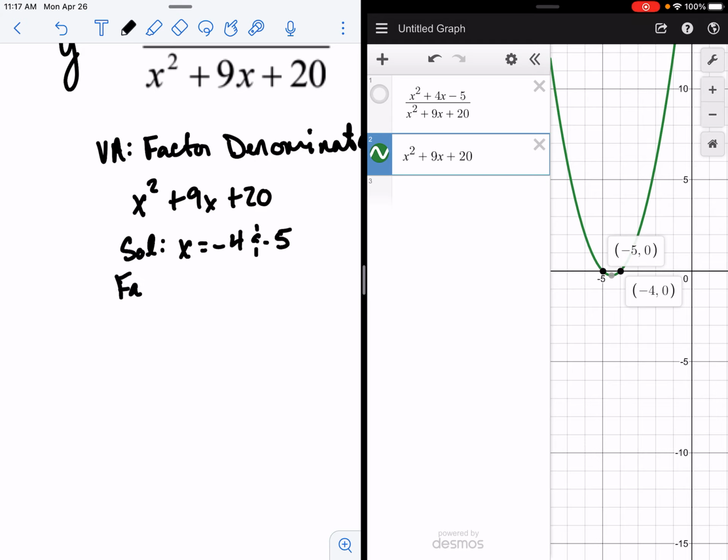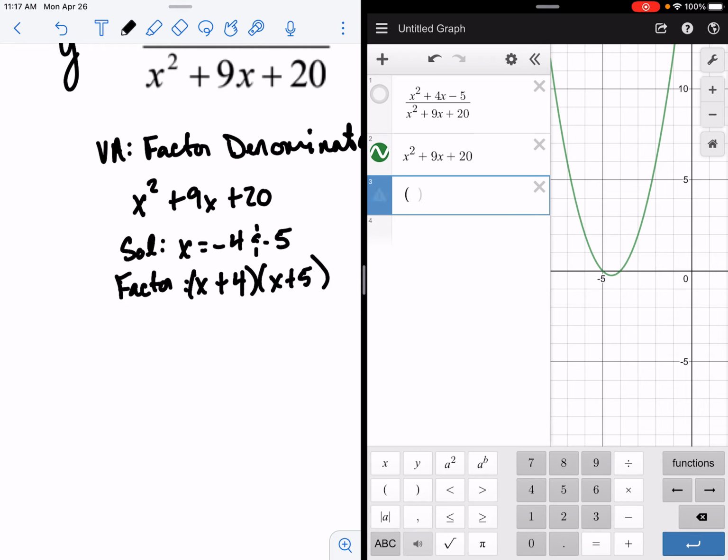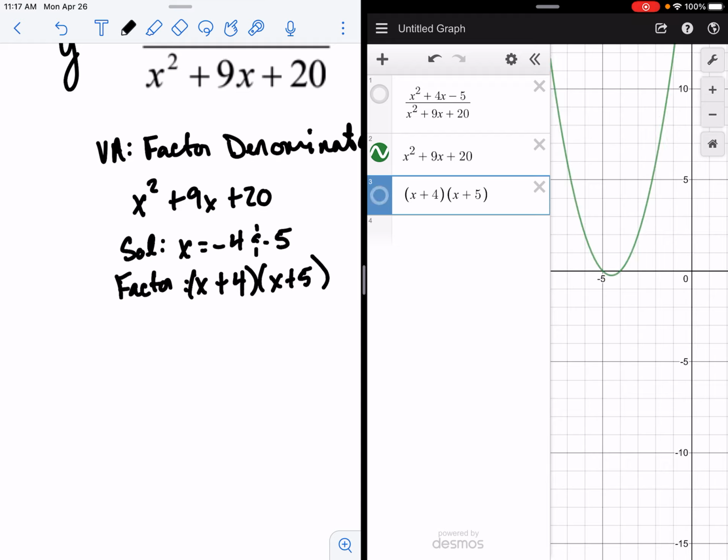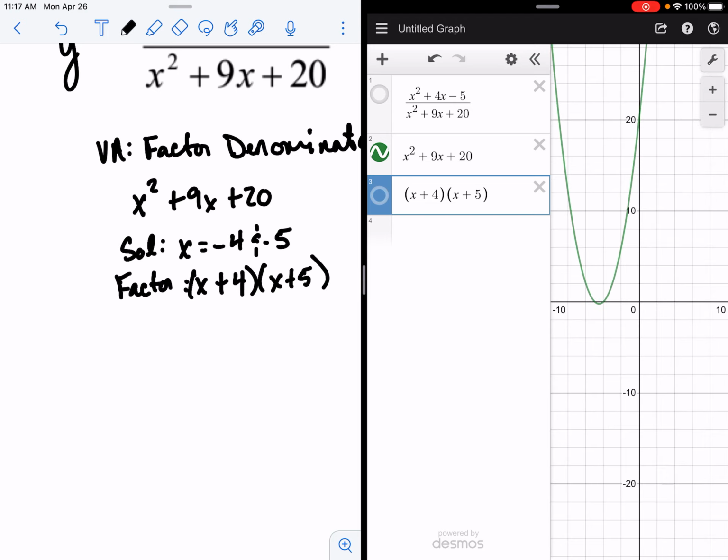So the factors is just the opposite sign. And then x plus 5. You can verify this by typing our factors in. When you do, if you notice, the green and purple graph overlap, so they're the same. So our vertical asymptote is going to occur at x equals -4 and x equals -5 on our rational functions.